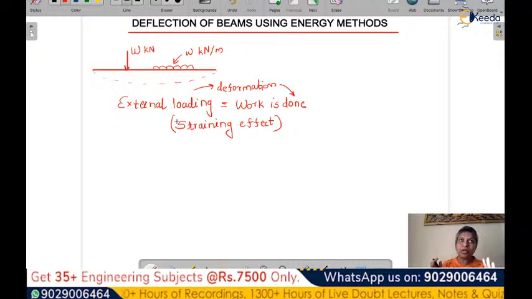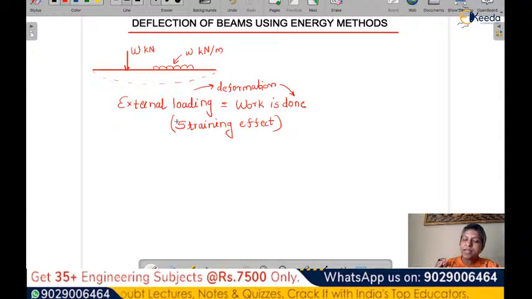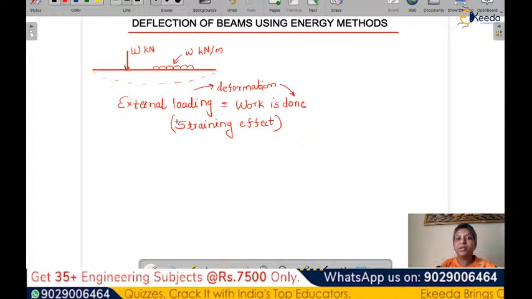Now this is regarding external loading. Now what is happening with the internal? Whenever some external load is acting on a structure, then definitely there has to be some internal resistance to resist that load. Like in day to day life you have so much of tension. Exams are approaching, maybe for you it might have started also, so much of pressure is there.